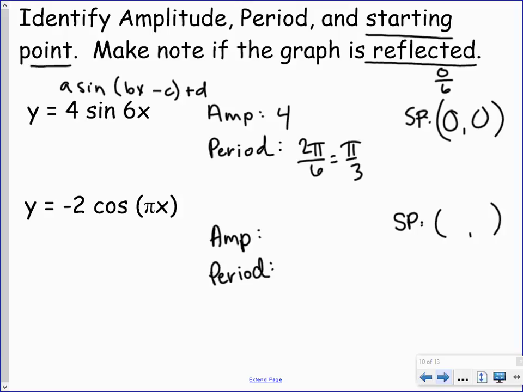Okay, lean over to people around you. Tell them amplitude, period, starting point.